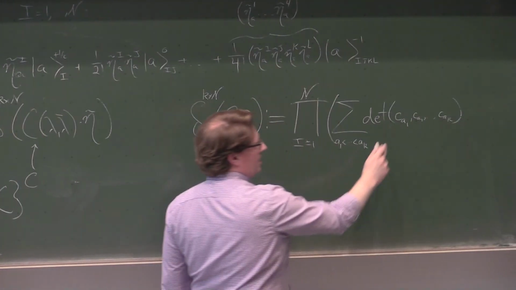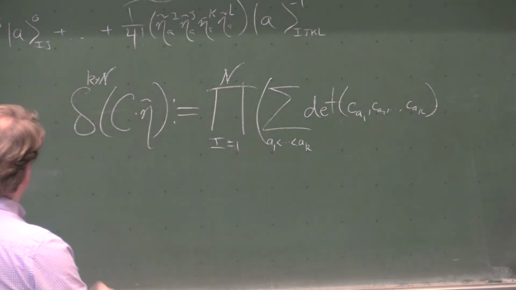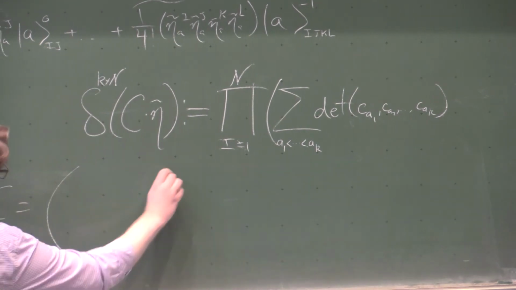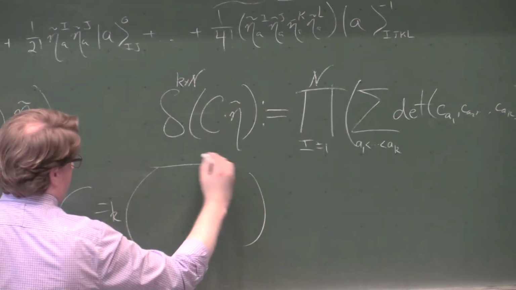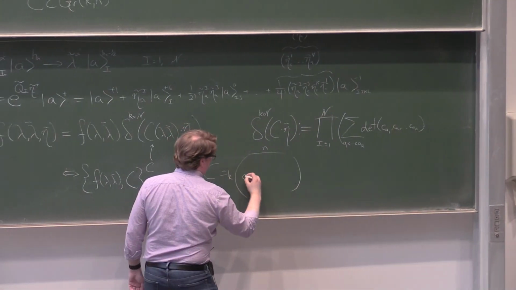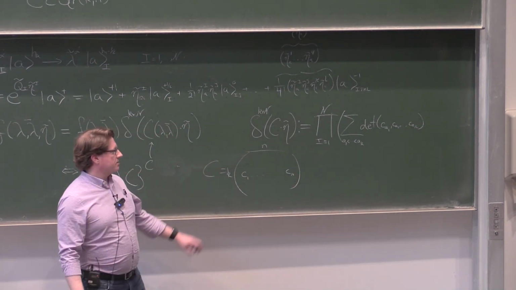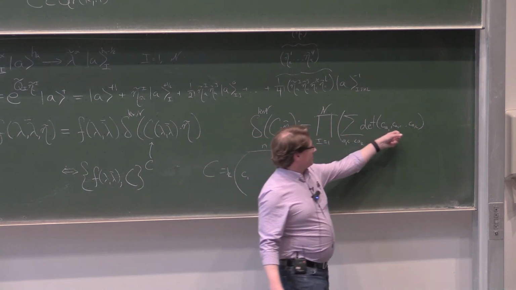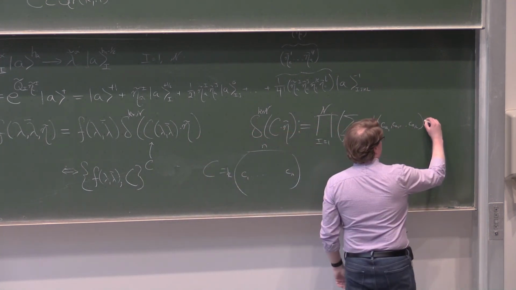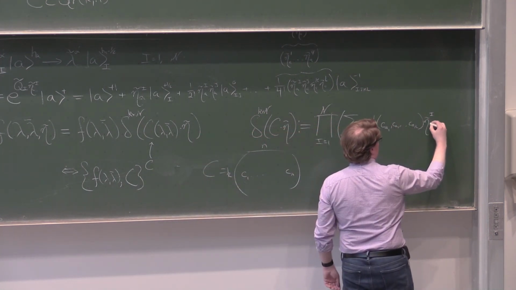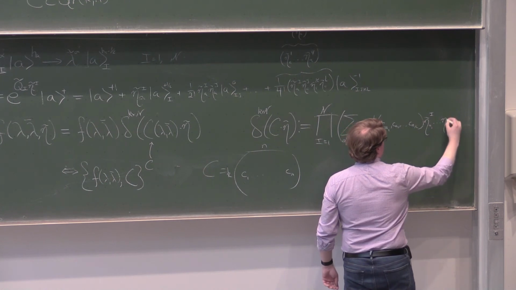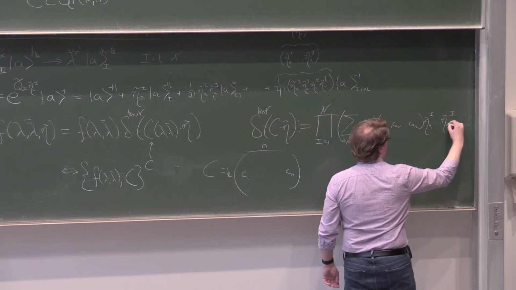So a k by k minor of this k by n matrix, where C has columns C1 up to Cn, just like we did for our lambdas. So it's the determinant of this particular minor of this matrix times eta tilde I A1 through eta tilde I AK.